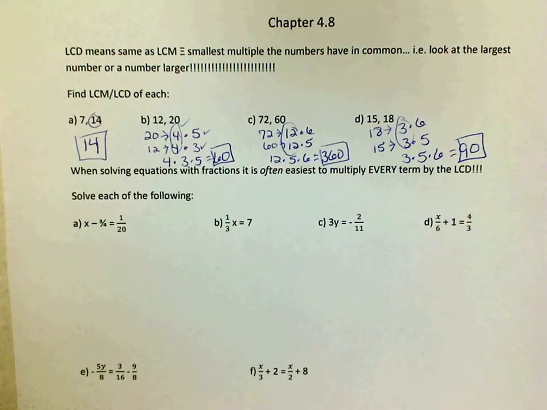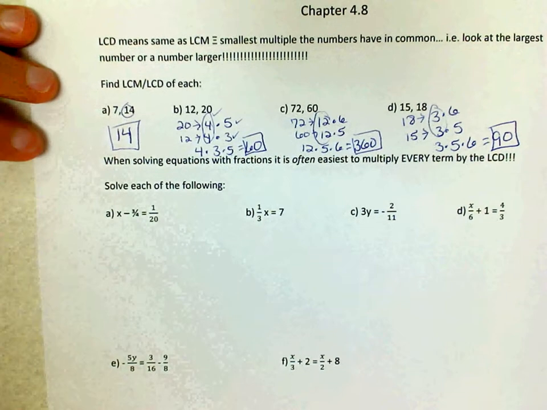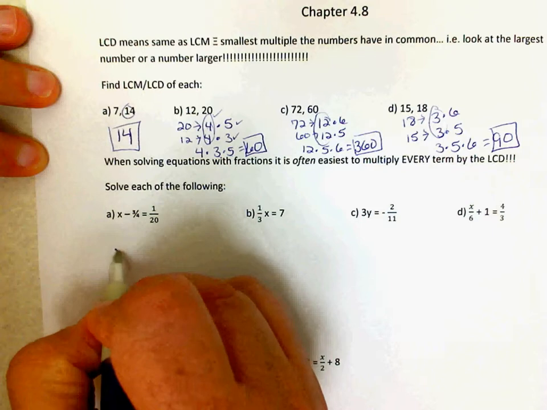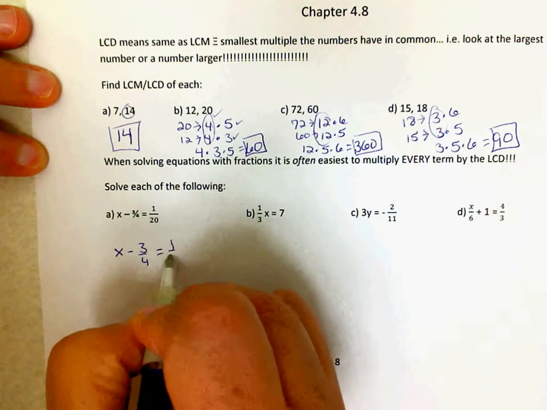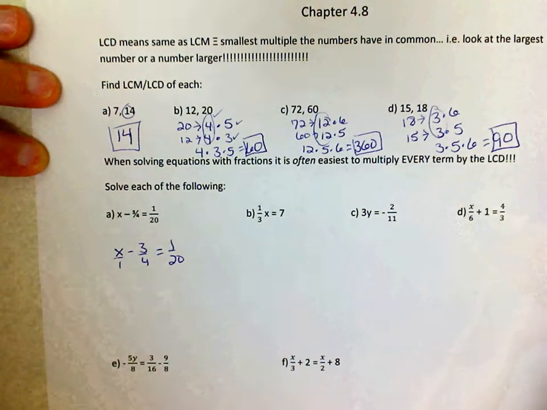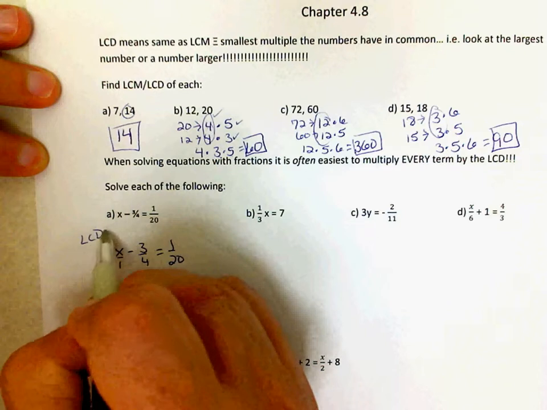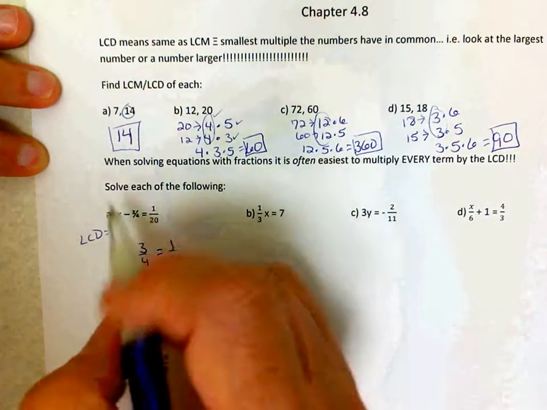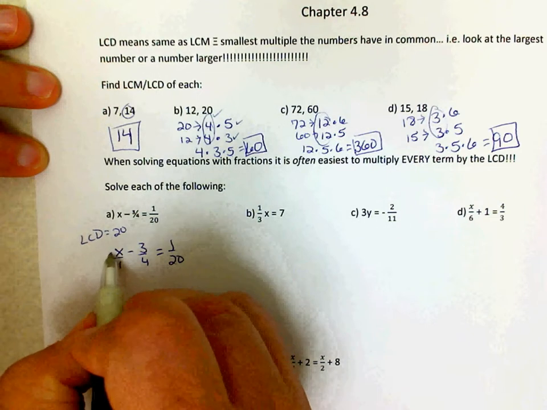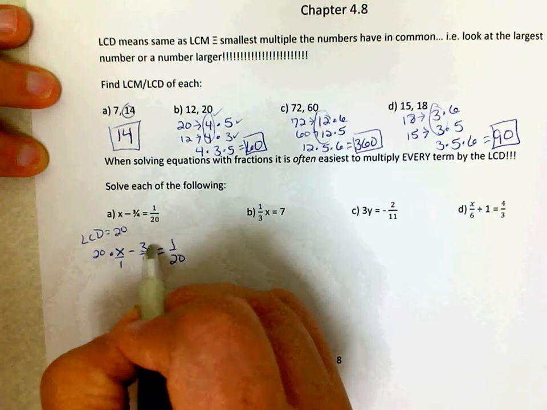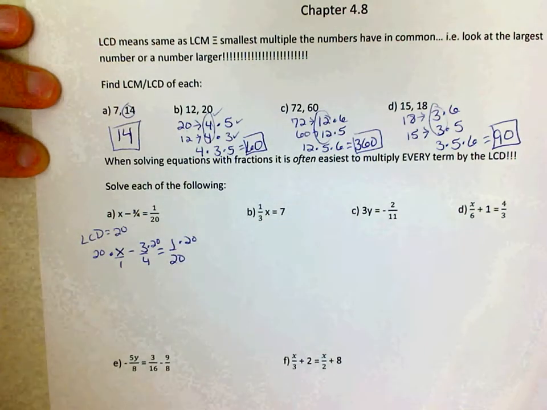Why did I do that? Because I promise you, using the LCD with solving equations is going to be the very nicest way we can do these. So the LCD here of 4 and 20 is 20. The shortcut is you multiply all 3 numerators by 20.